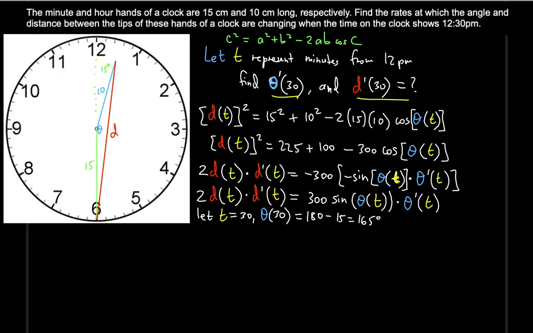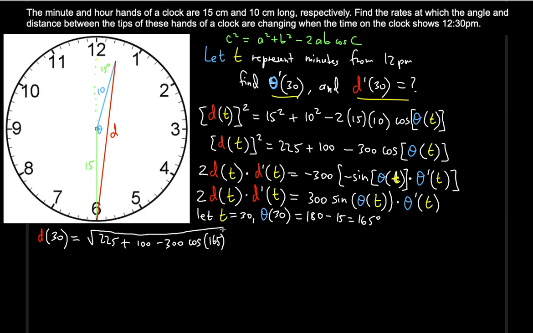So let's see. The d of 30 is going to be the square root of this. And we already found theta of 30, so we're going to find the cosine of 165 degrees. So we're talking about 225 plus 100 minus 300 cosine of 165, that we found for theta of 30.